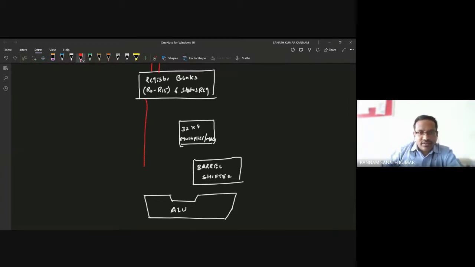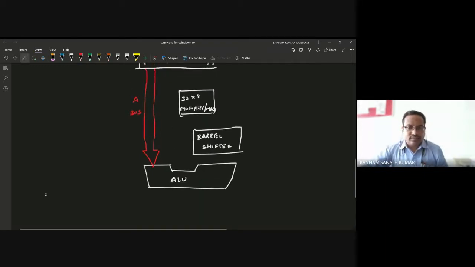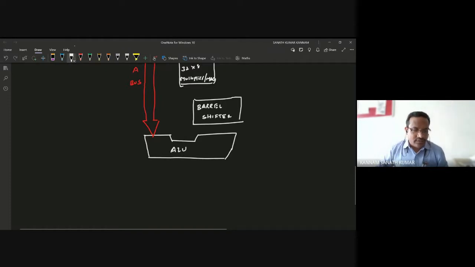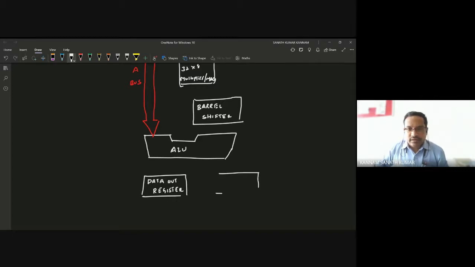One is the A bus. And next here you have the data out register and the data in register.